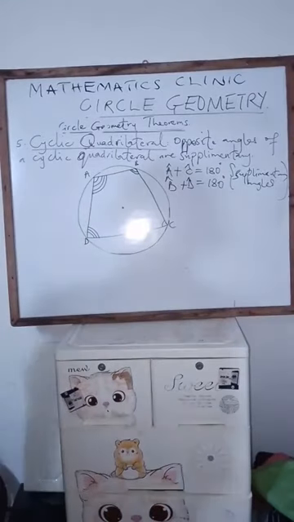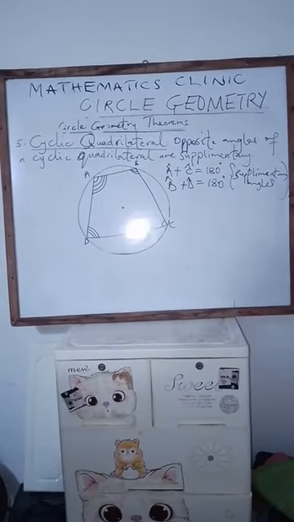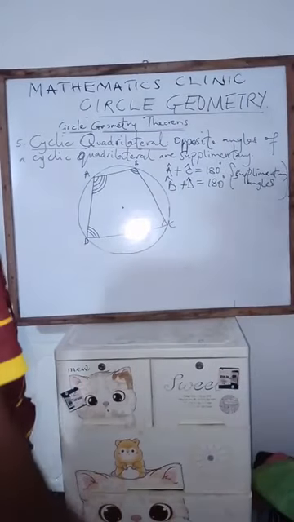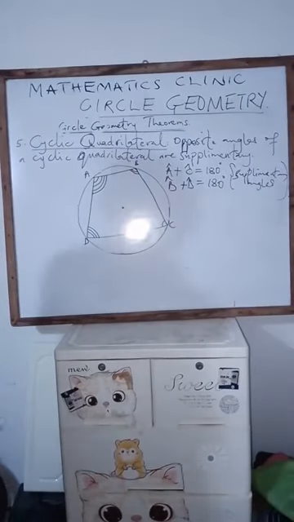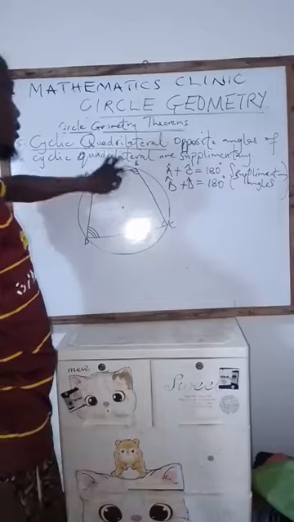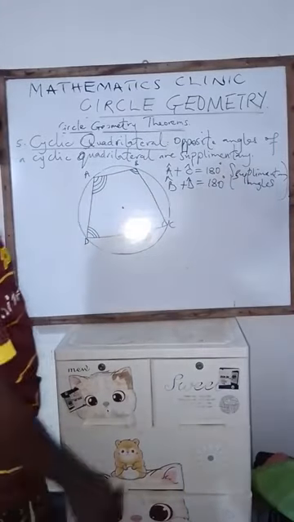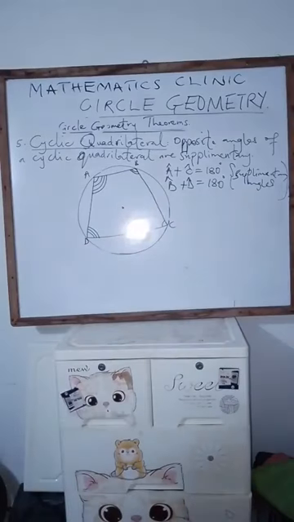We did theorem number 4 already. Opposite angles of a cyclic quadrilateral are supplementary, meaning angle here plus angle here, when you add them together, gives you 180. Quite simple. All we need is just application of the theorem. Nothing more.